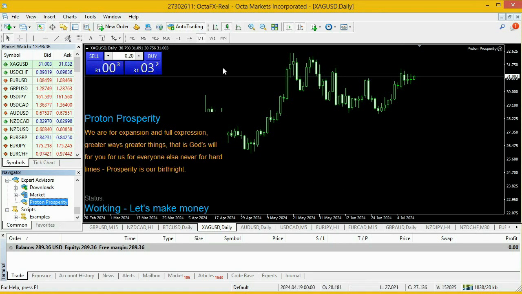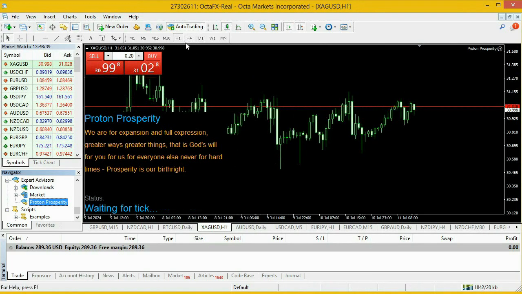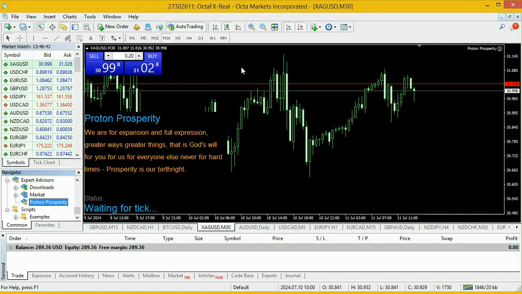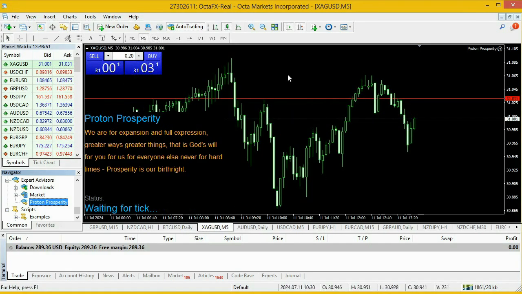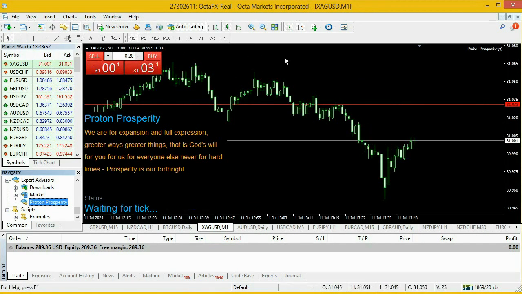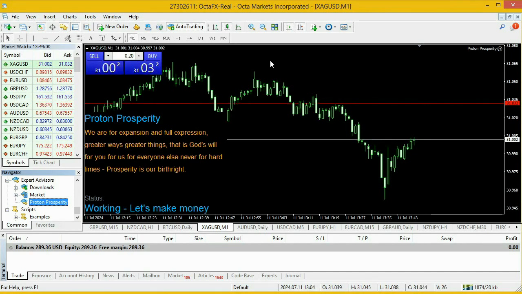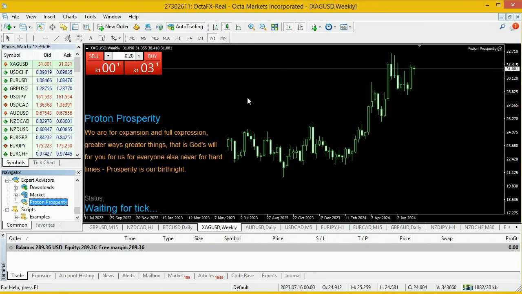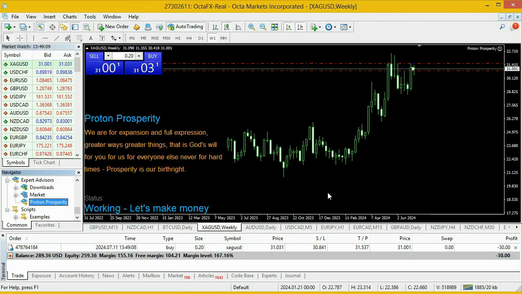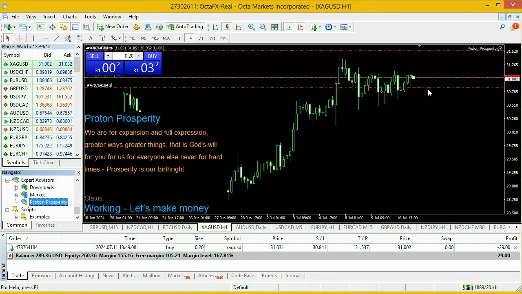Remember, we have to look for a trigger. Buy position executed. Our stop loss. And take profit.